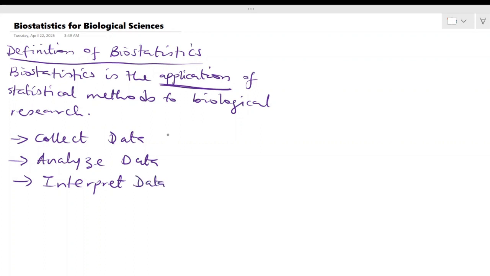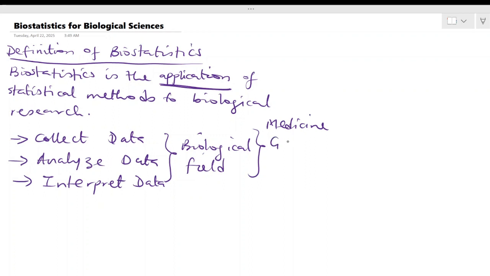So all of this data is collected from different biological fields that you could group into medicine, genomics, ecology, and then public health, and so on and so forth.